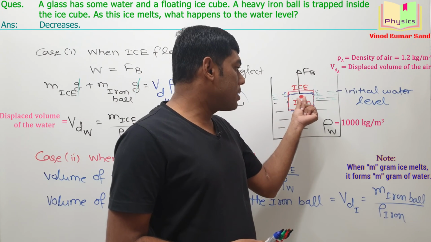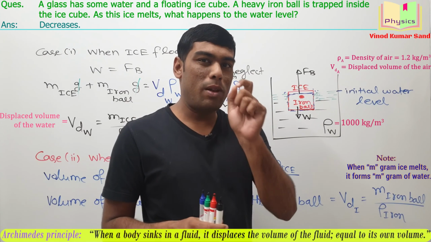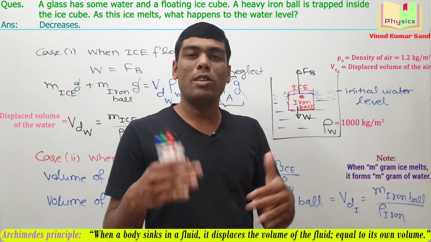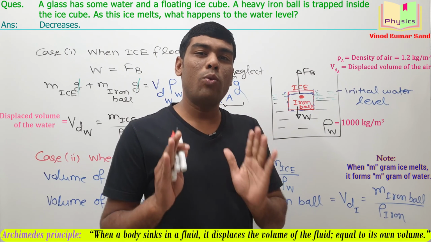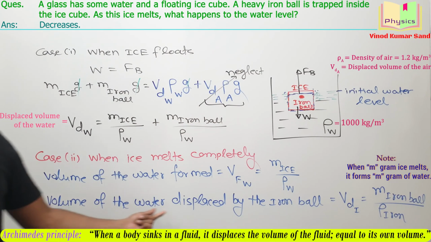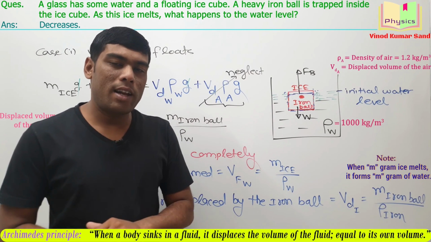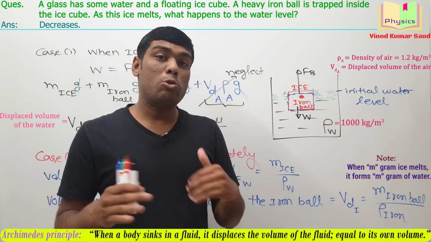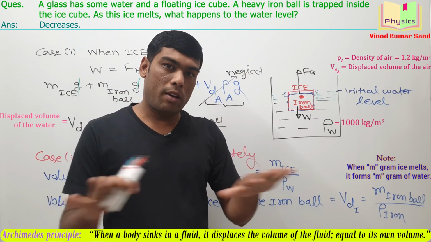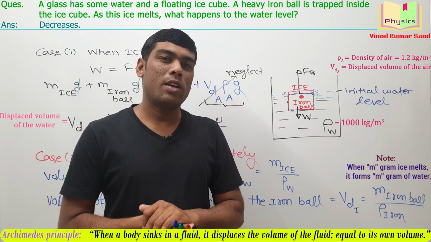When the ice melts, this iron ball sinks, and according to the Archimedes principle, if some object sinks in a fluid, then it displaces a volume of the fluid equal to its own volume. So here is the volume of the water displaced by the iron ball. Got it? You can relate it with an example. Suppose there is a swimmer. If the swimmer is swimming, floating, then what amount of water does it displace?